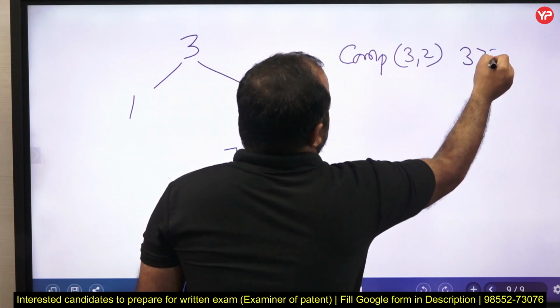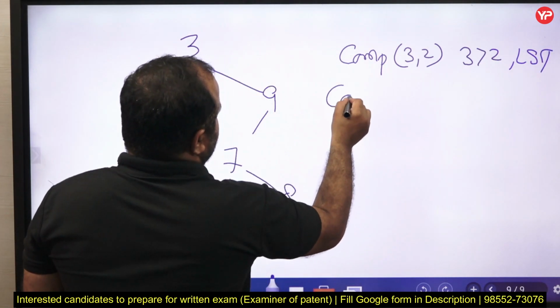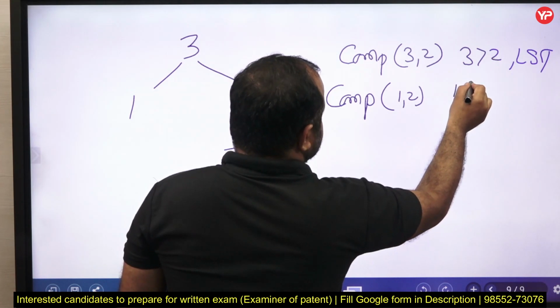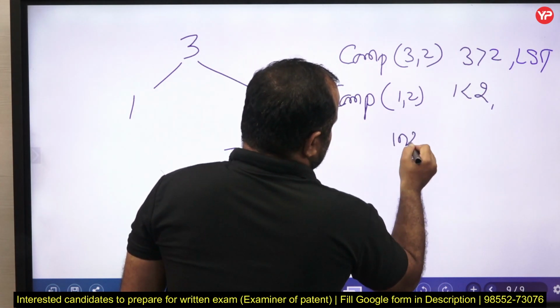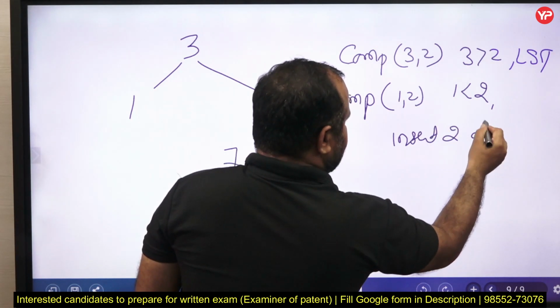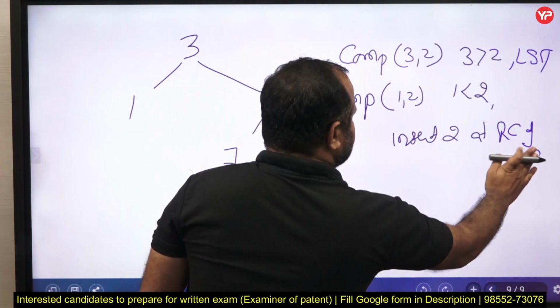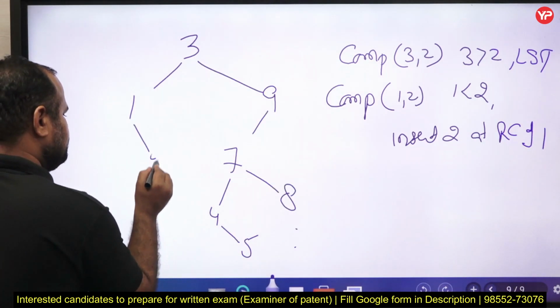As 3 is greater than 2, move to the left subtree. Next compare 1 and 2. As 1 is less than 2, insert 2 as the right child of 1. So you have to insert 2 here.